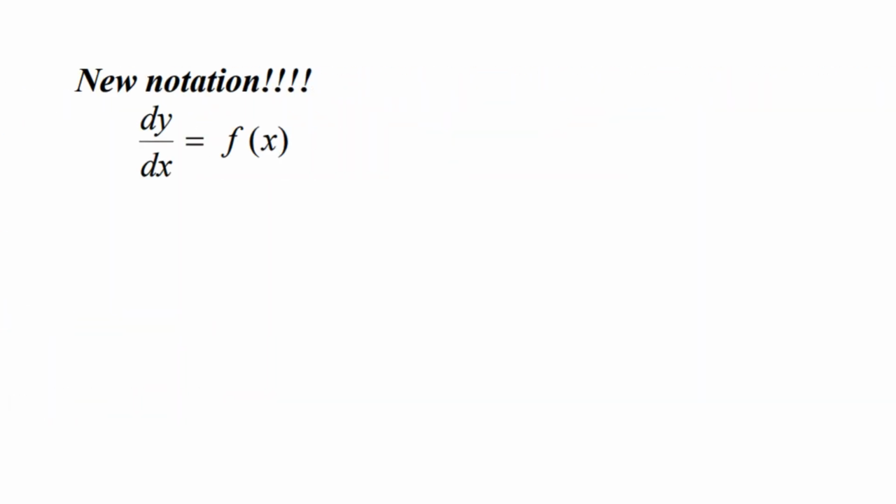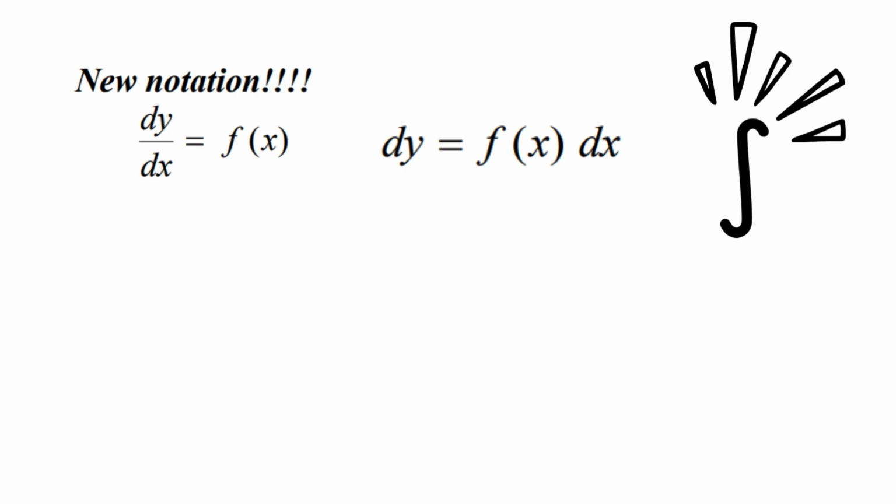So if we had dy dx is equal to f of x, and we multiplied both sides by dx, and we got dy is equal to f of x dx, if we apply this symbol, and this symbol is called the integration symbol, to both sides, we would get y equals the integral of f of x dx.